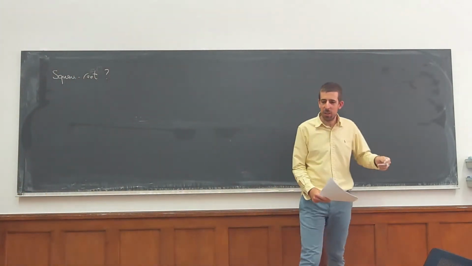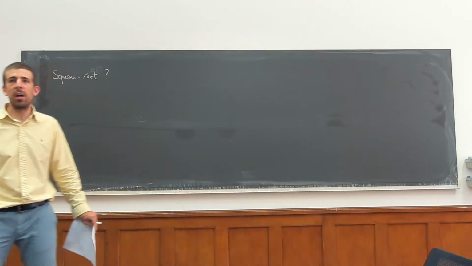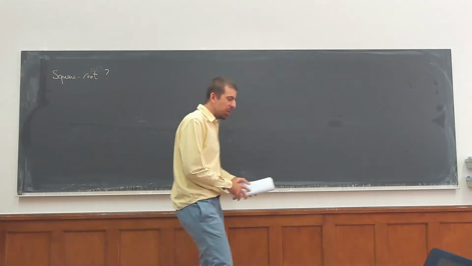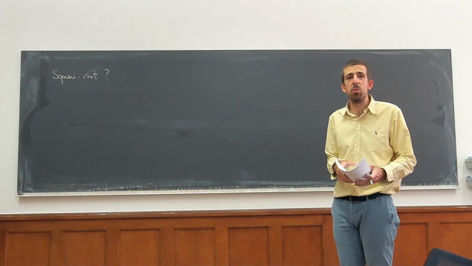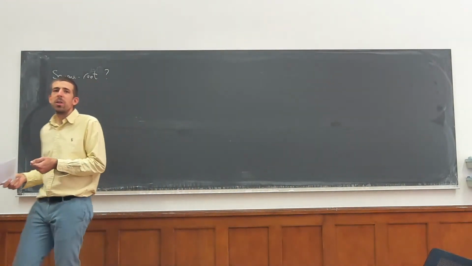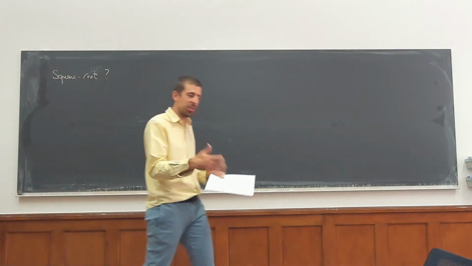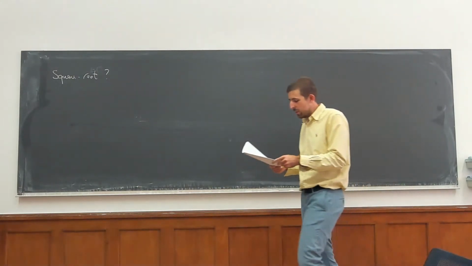But I already told you earlier this week that this wasn't the case. Any algebraic equation will actually have a solution. It's one of the main properties of the complex numbers, and so in particular, everything will have a square root. Because the square root is just a solution to the equation x squared minus the thing you want to take the square root of equals 0. But let's try to actually compute and see what it is.